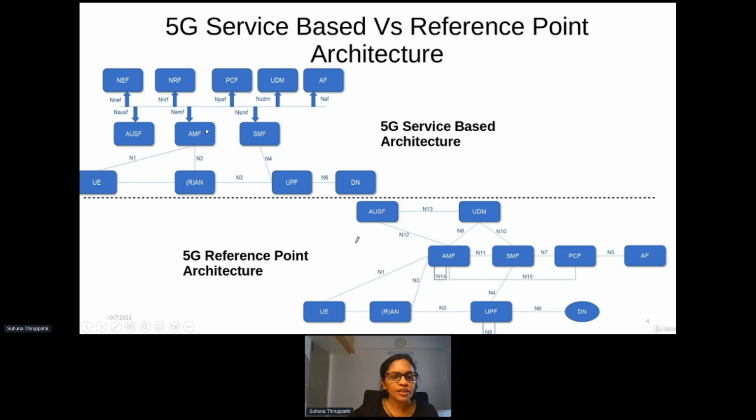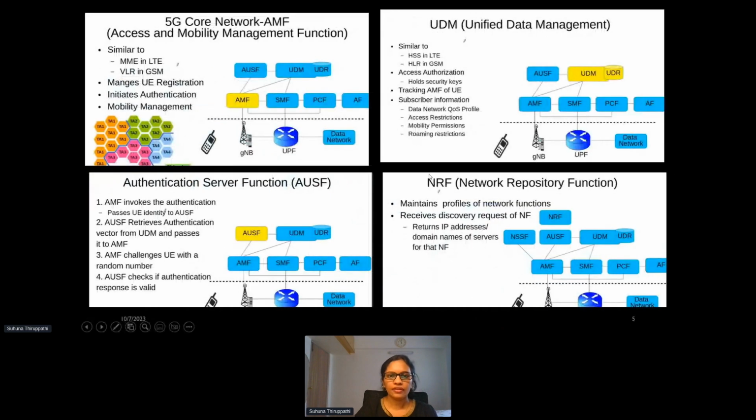As and when the AMF produces those messages, NEF gets notified. This is how the 5G service-based architecture works. So if you see, this is the user equipment, this is the radio access network, and this part is the core network.